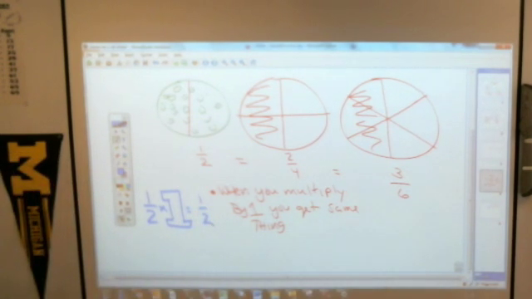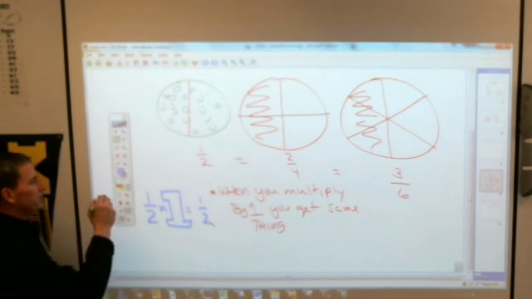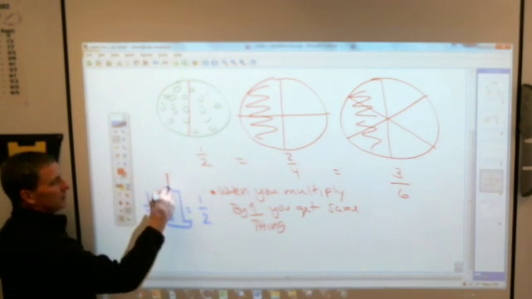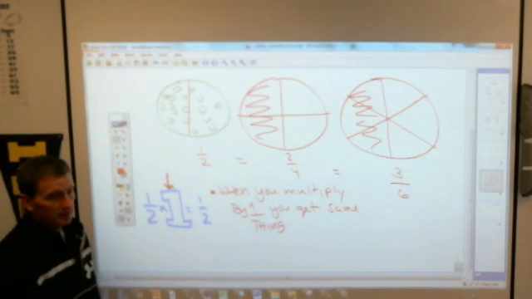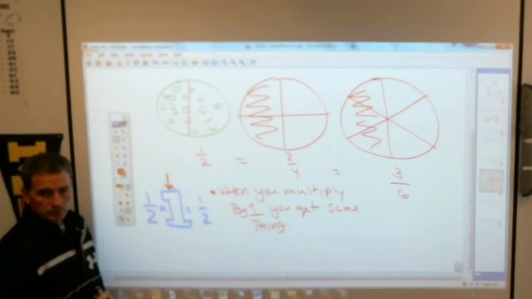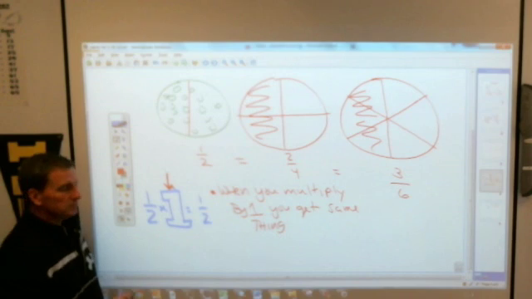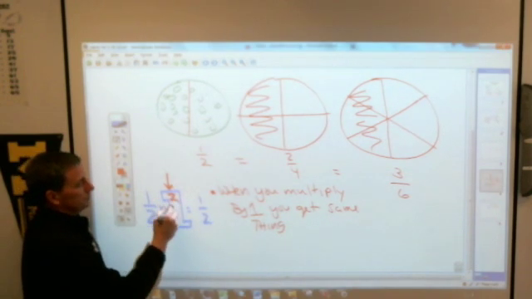Well, boys and girls, instead of multiplying by 1, what if I multiply it by a fraction that's the same as 1? For example, what fraction is the same as 1? 2/2.